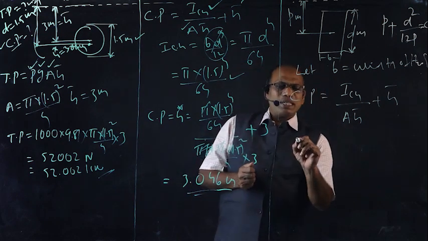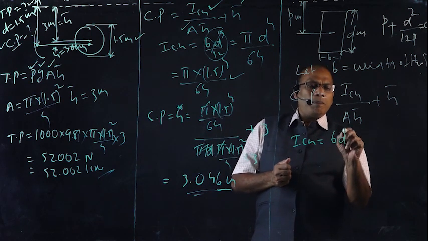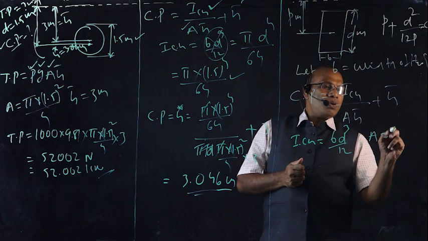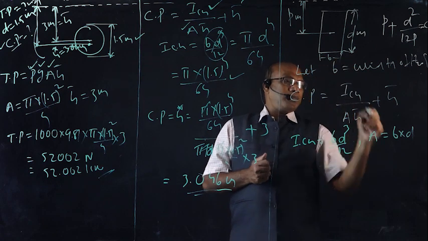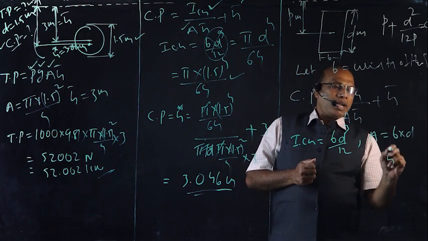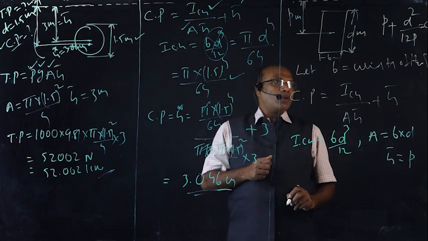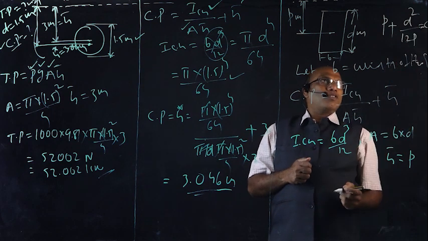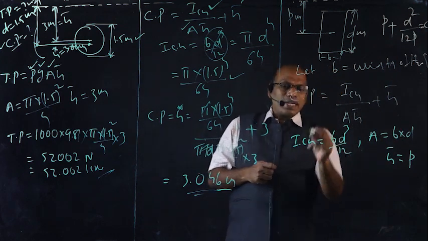ICG is equal to b d cube by 12. Then A is equal to b into d. This is the depth, this is the width, b into d, and H bar is equal to p. Now we are going to prove that the center of pressure is equal to p plus d square by 12p. Now substitute the values here.